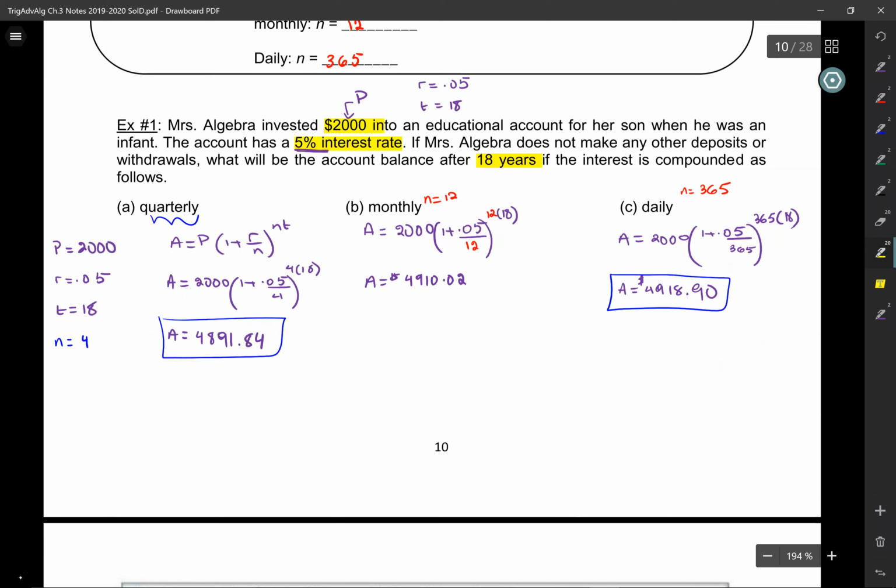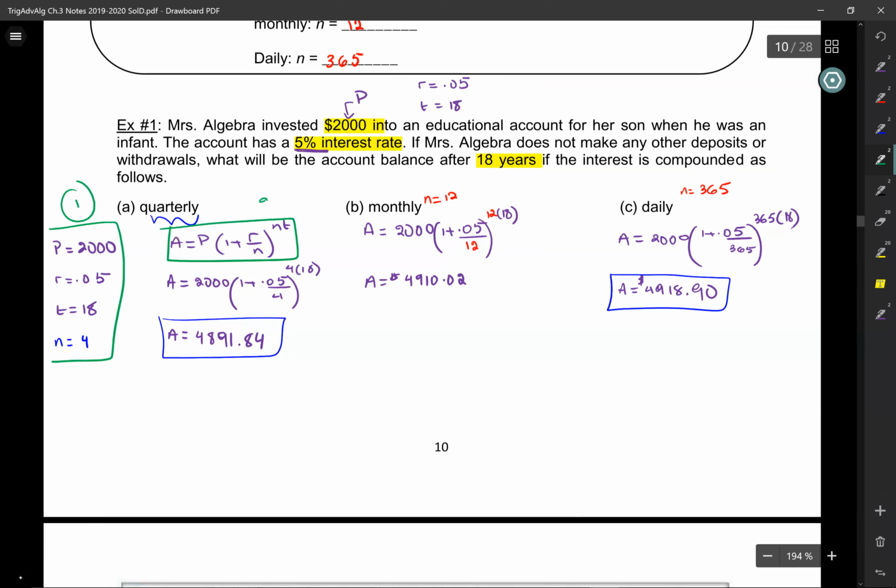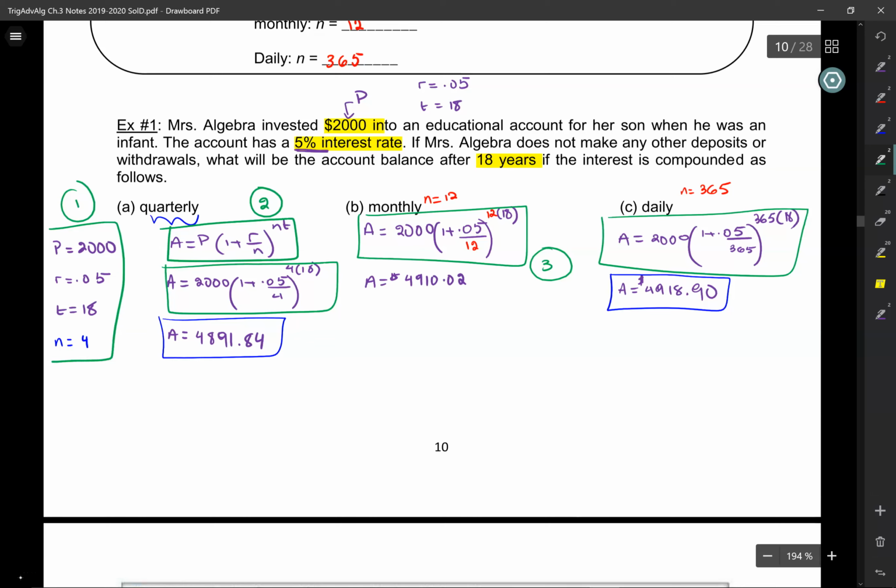This is homework. I need to see 3 things. 1, you've written down the given. 2, you've written down the equation. 3, you've substituted properly. Okay, so that's 3. I need to see these 3 things.